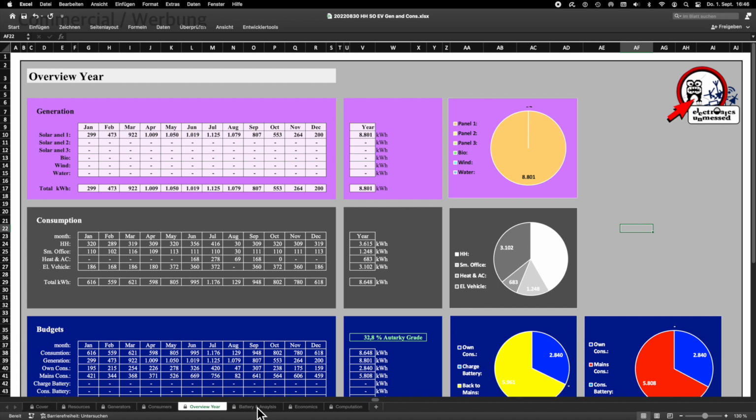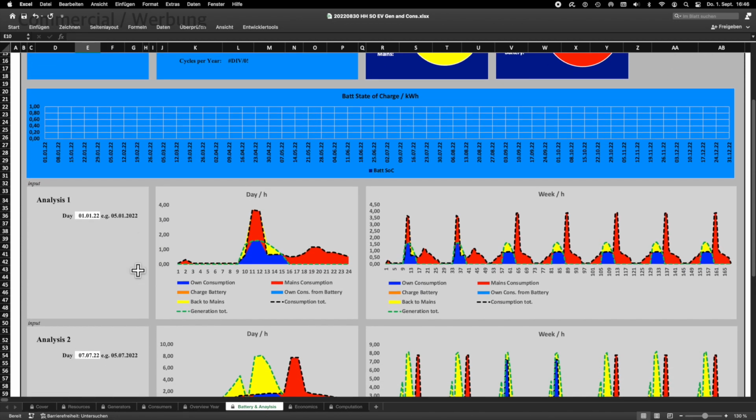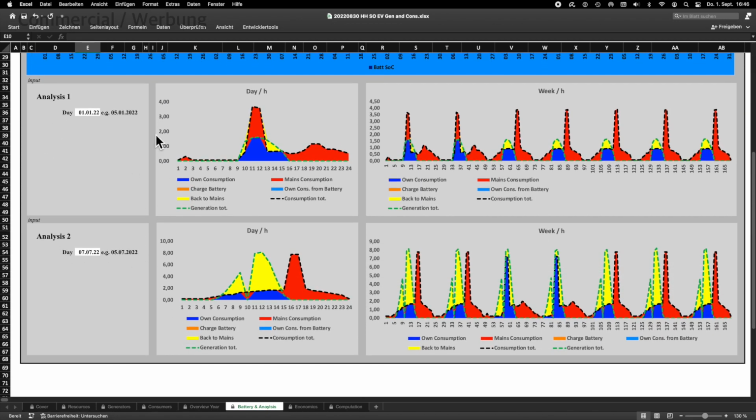For a better understanding of this, we go to the sheet Battery and Analysis. For the analysis, we can choose a day in winter, for example the 1st of January, and a day in summer, for example the 7th of July. Then we get the distribution of energy key figures over the day and the following week.